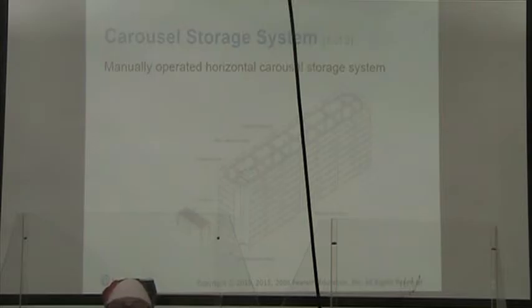So this shows a horizontal carousel storage system. You can see there are a lot of different carriers. Each one has different bins for inventory. It travels around this oval track so that we can call it up.